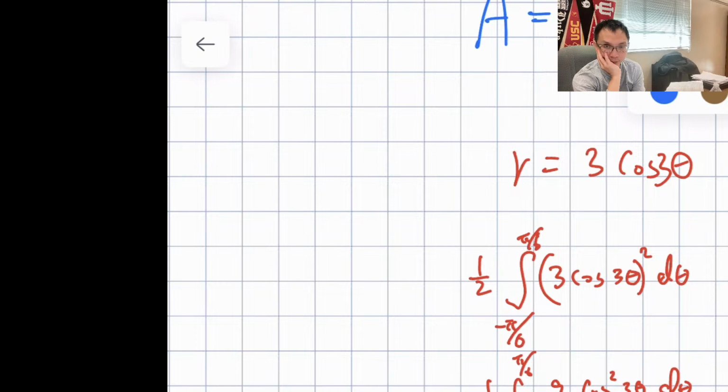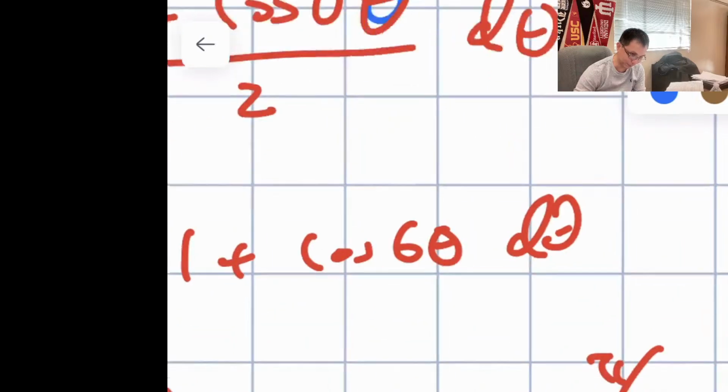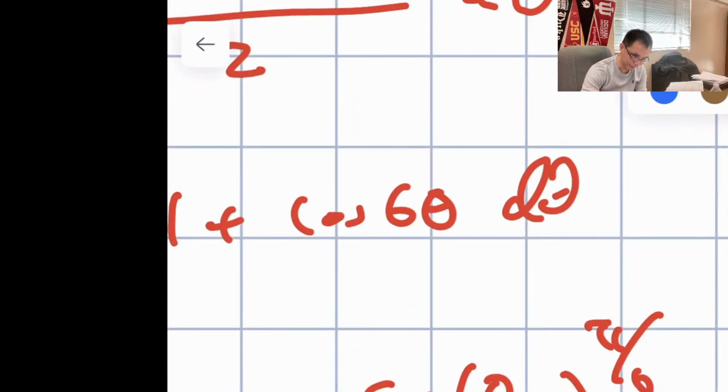Wouldn't it be 2 pi over 3? 2 pi over 6 is pi over 3, so the 3 and 9 cancel. It's going to be 3 pi over 4. Okay.